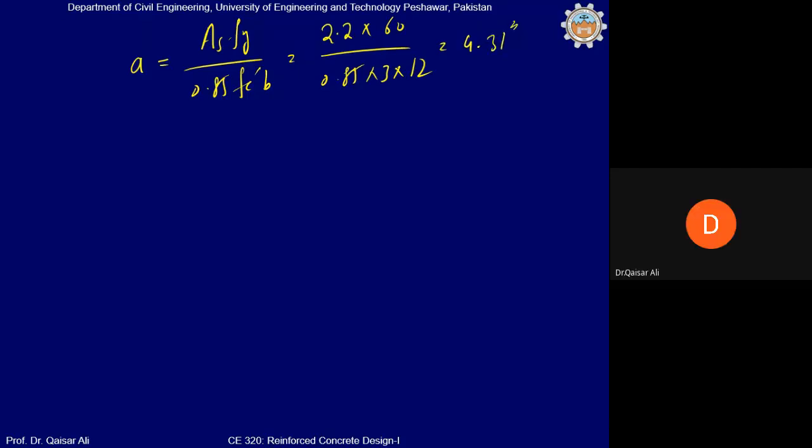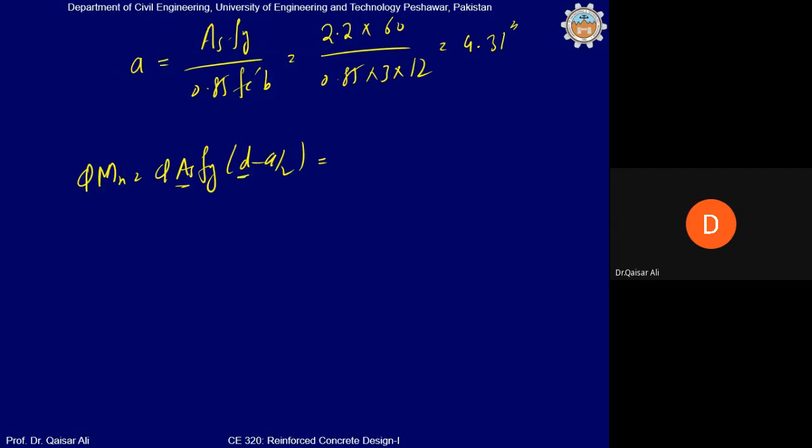Now finally you will calculate the actual flexure capacity of this beam based on the provided reinforcement, based on the final drafting. So that is equal to phi Mn is equal to phi As Fy into D minus A by 2. Now you will put all these values.